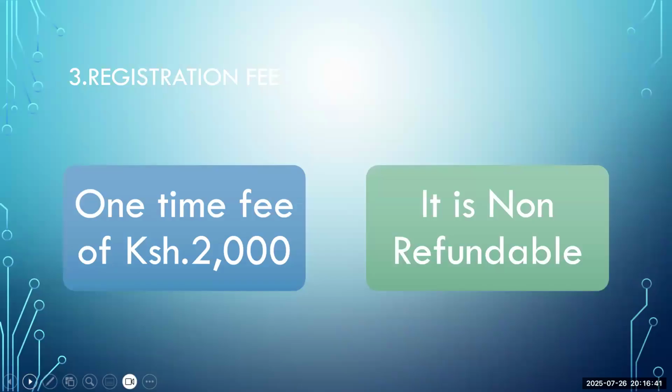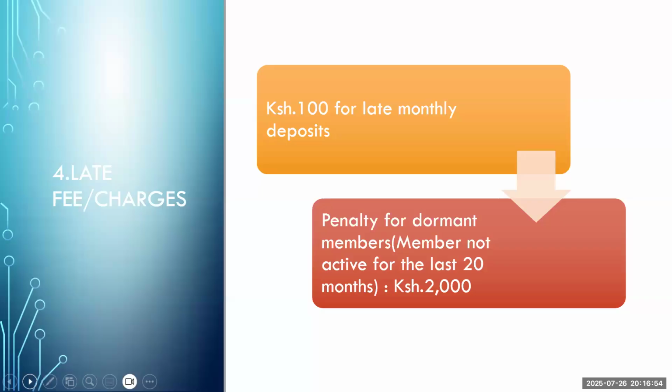The next one is the registration fee, which is a one-time fee. When you join the Sacco, you pay 2,000 bob, and it's non-refundable. For late charges, a 100 shillings fee is applied when you pay monthly savings past the 10th of every month.